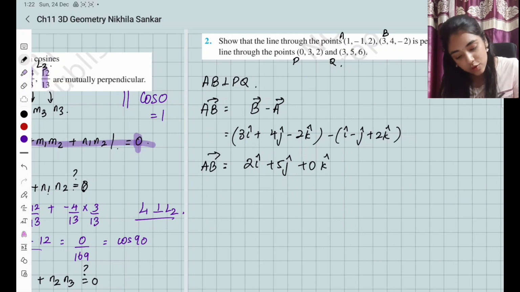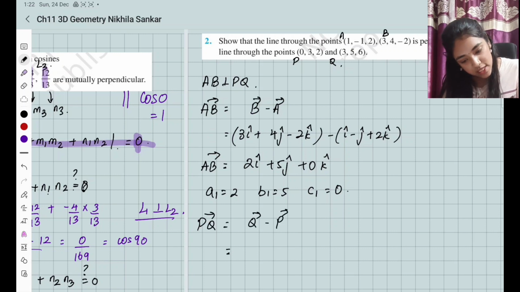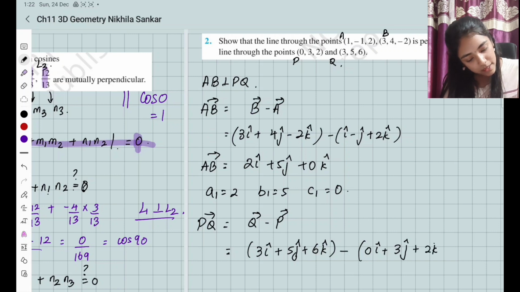So what are the direction ratios here? A1 equals 2, B1 equals 5 and C1 equals minus 4. Similarly for PQ. PQ is going to be Q minus P, where Q is (3, 5, 6). So it is 3i cap plus 5j cap plus 6k cap minus P, which is 0i cap plus 3j cap plus 2k cap.